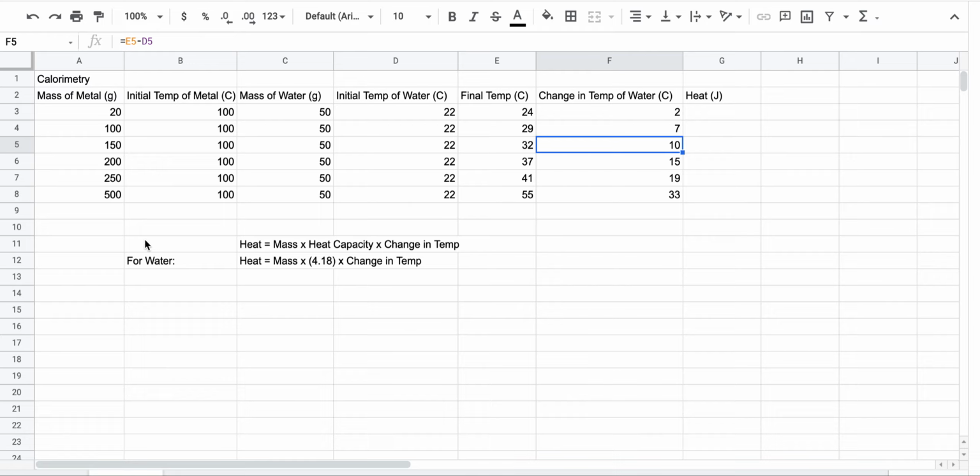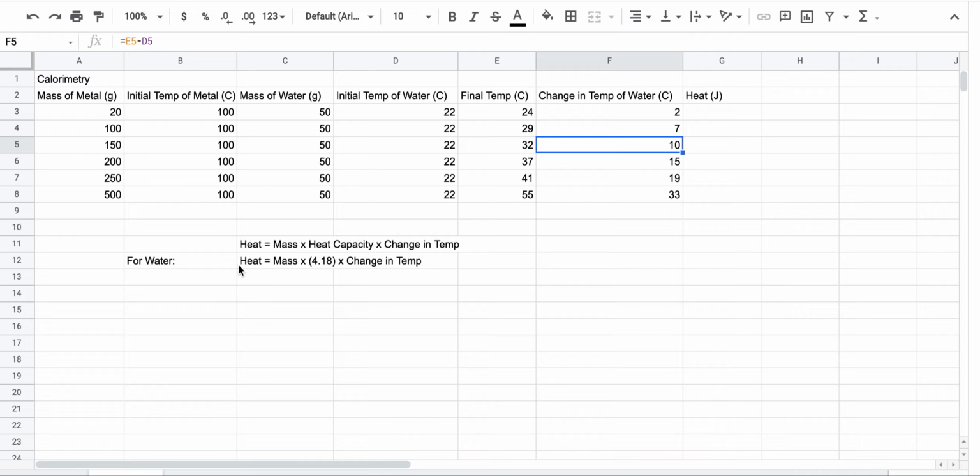So for water, what you would do to find the heat that the water absorbed, you can take the mass of that water, which is always 50. Times 4.18, that is the specific heat capacity for water. That number never changes for water. And then times the change in temperature. Well, the change in temperature you just calculated right here.